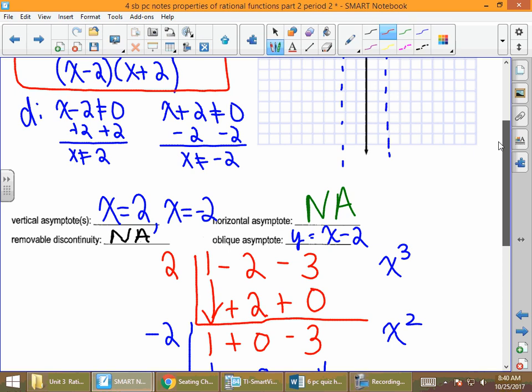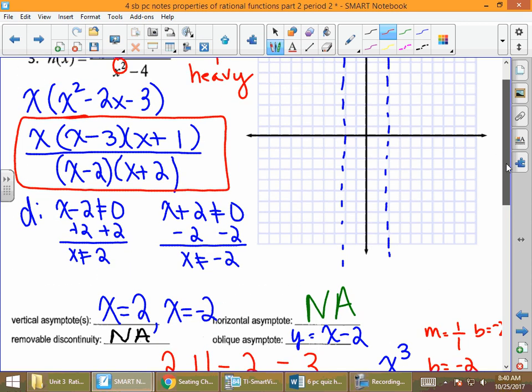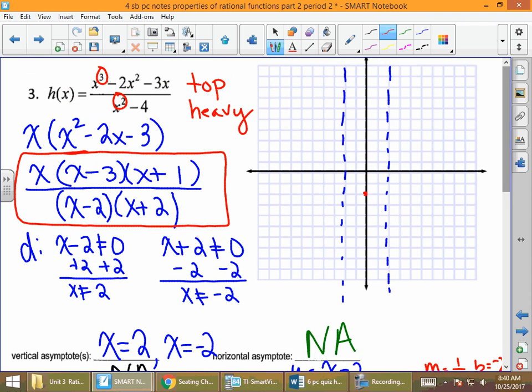And let's graph that one as well. By the way, our slope is 1 over 1. Our y-intercept is negative 2. Let me try that again. B equals negative 2. So here's negative 2. And then a slope, 1 over 1.